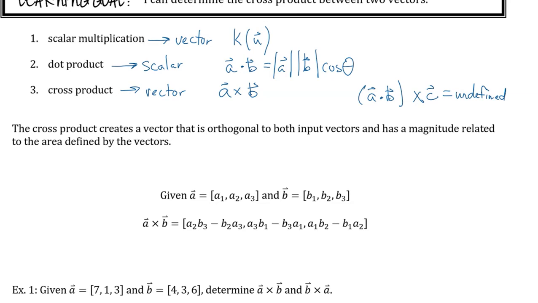Okay? I can get a vector that's orthogonal to this one. You see that okay? It's perpendicular to this vector, but it's not perpendicular to the other one, is it? Or I can do perpendicular to this vector, but it's not perpendicular to the other one, is it? But if I do this, it ends up being perpendicular to both. So that's what the cross product does.